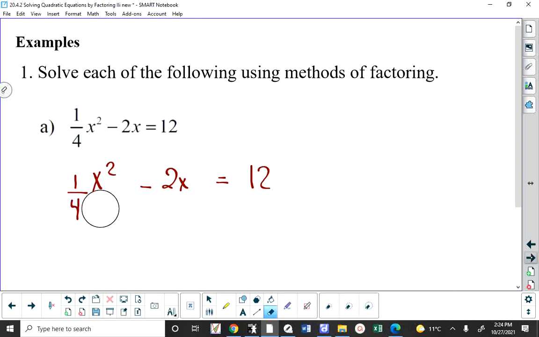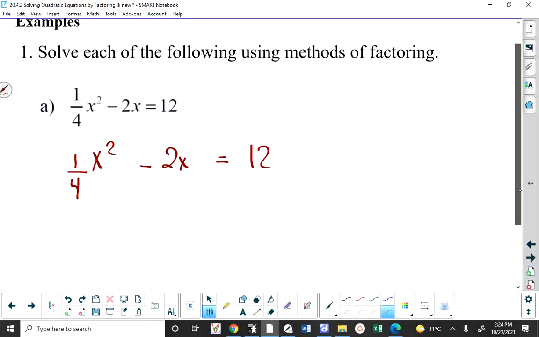And the reason we cannot solve this equation is because we have a fraction here. Now, our goal becomes to get rid of the fraction. You can't just erase it. You have to use a mathematical operation on it that is fair across the whole equation. And the operation is going to be, I'm going to multiply both sides of the equation by 4.